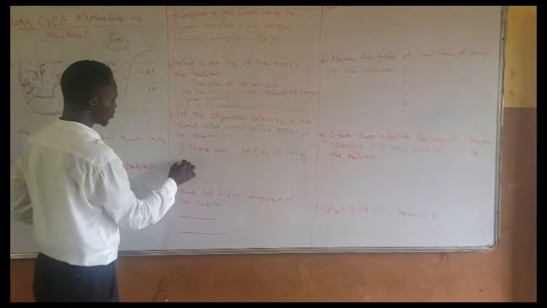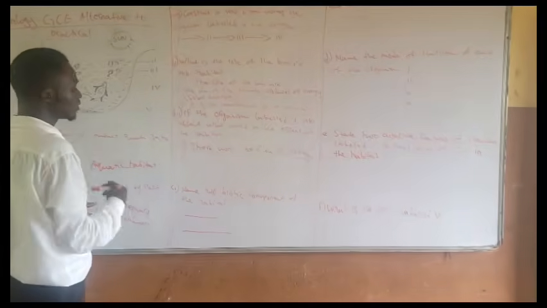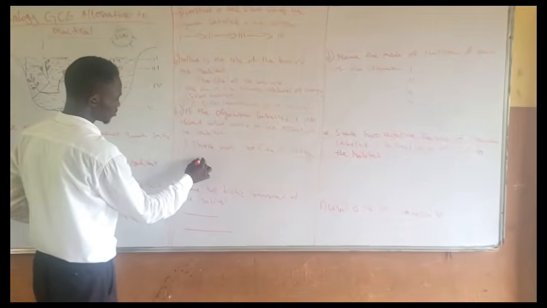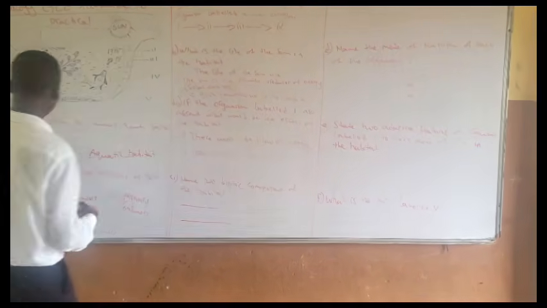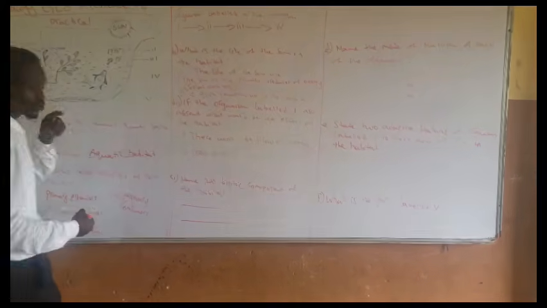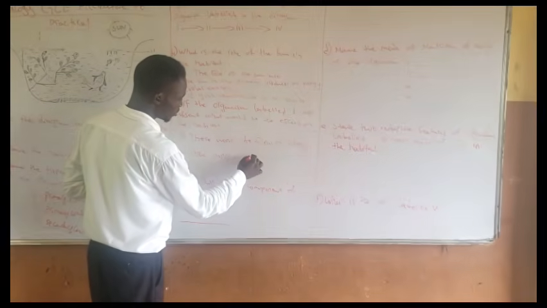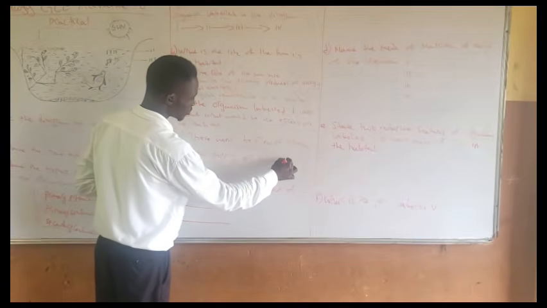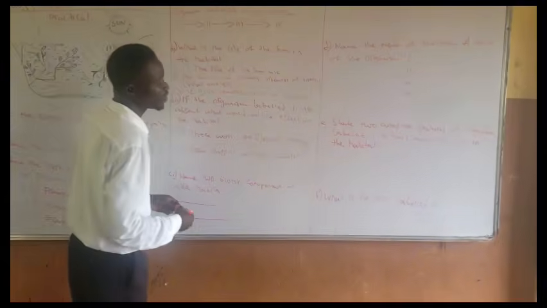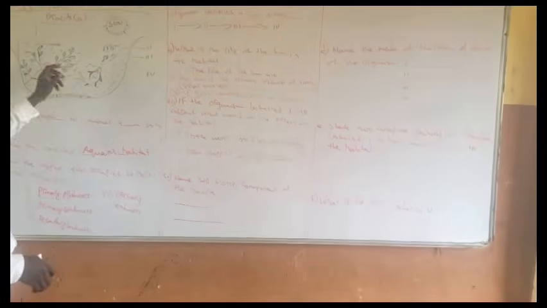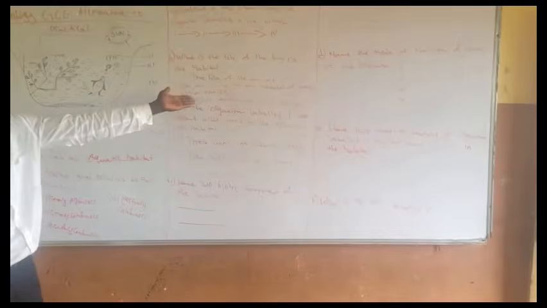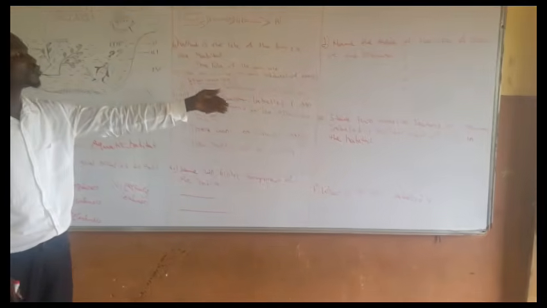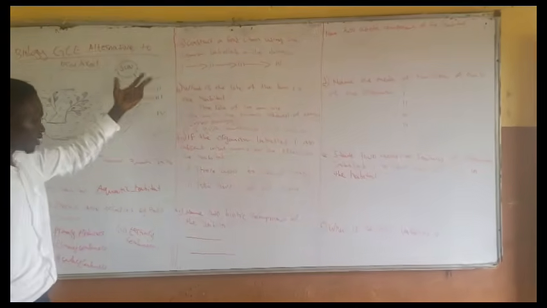Two, food supply. I said they are primary producers of food. Food supply will not occur if they are absent, because what do they do? They photosynthesize. You can also include that they help the plant photosynthesize. They give temperature, it's also part of it. So you can add more as you wish.